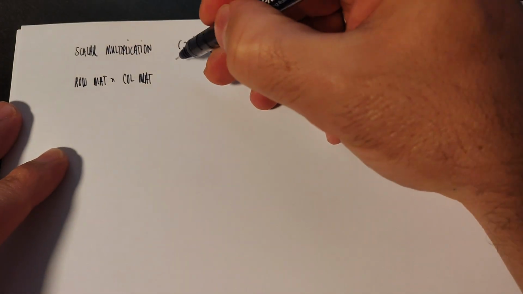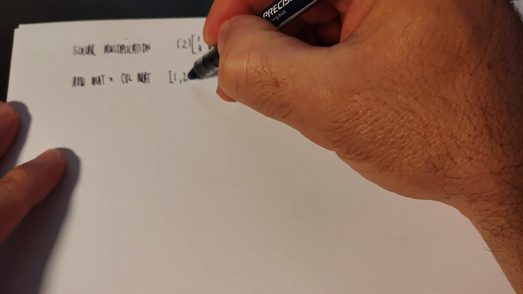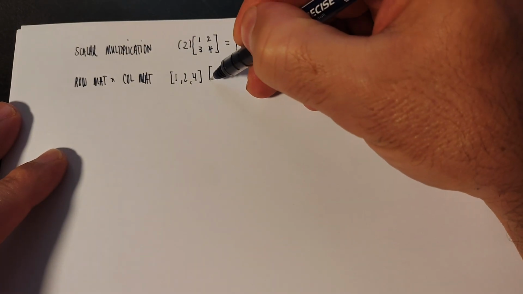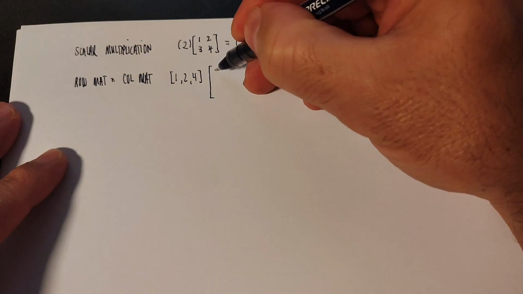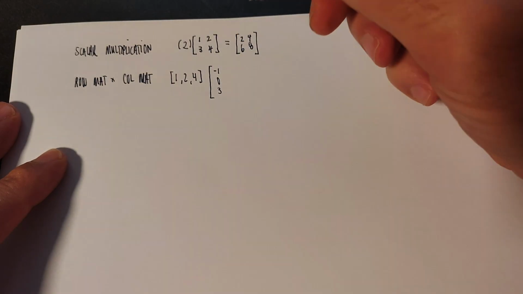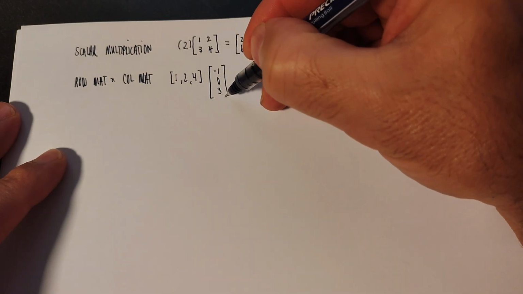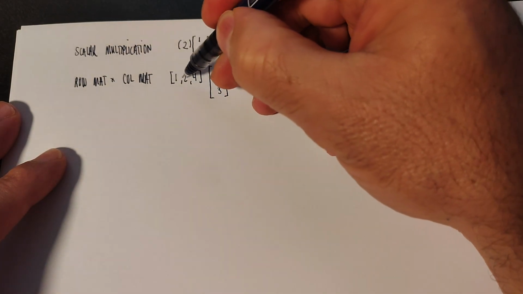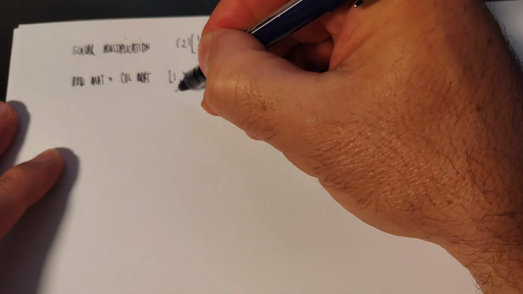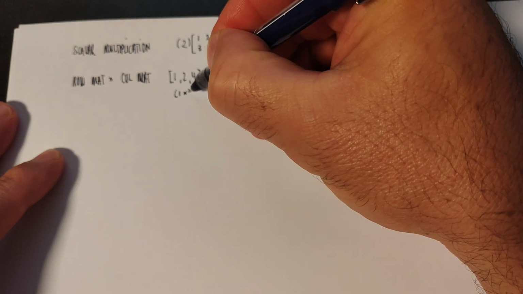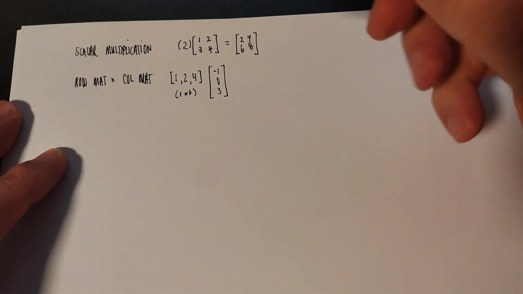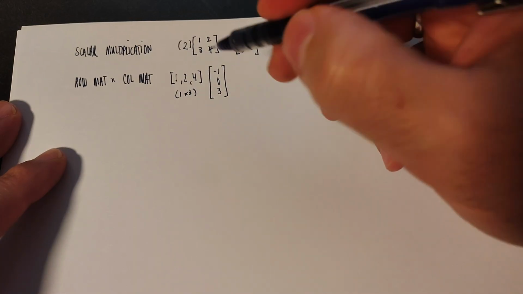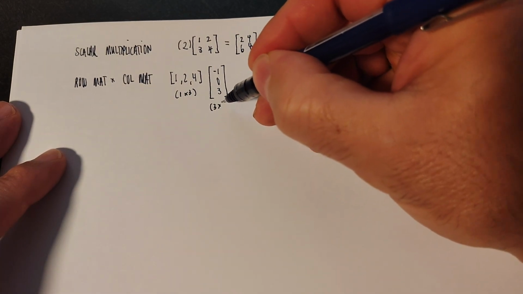The example we have in the notes is 1, 2, 4 times the column matrix -1, 0, and 3. Now this works because of the dimensions. This is a 1 row by 3 column matrix, so it's 1 by 3, and this column matrix is 3 rows by 1 column, so it's a 3 by 1.